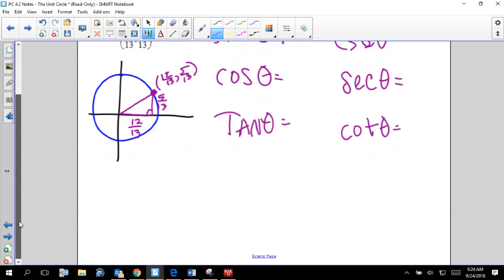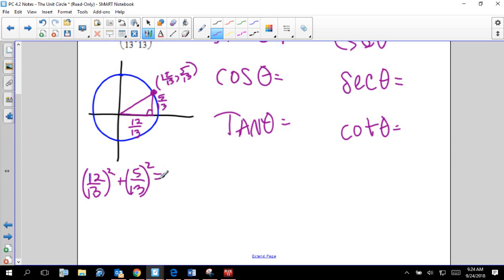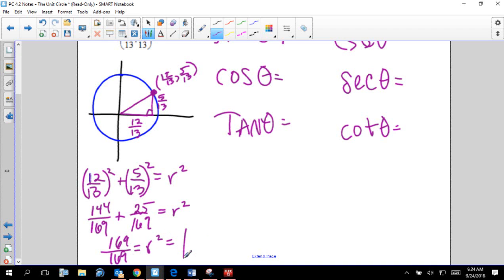Pythagorean theorem. So I'm going to do 12/13ths squared plus 5/13ths squared equals r squared. So 144 over 169 plus 25 over 169. That's one.